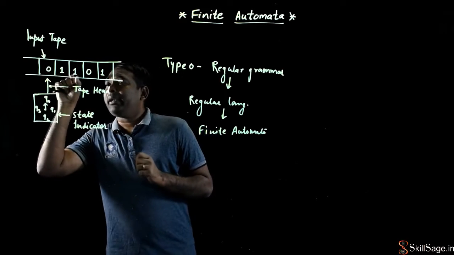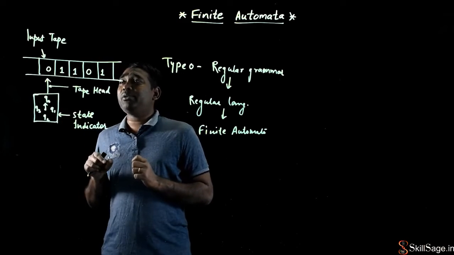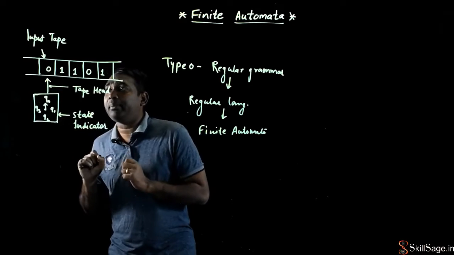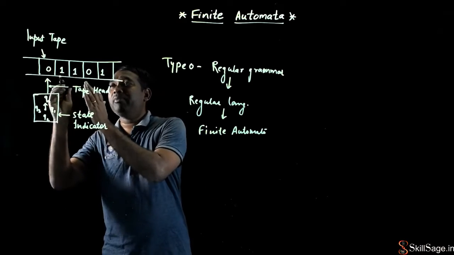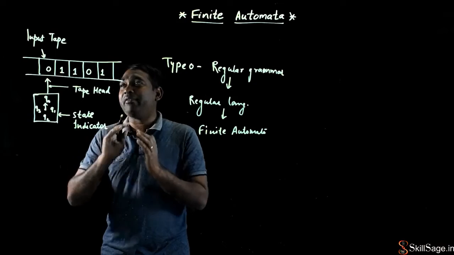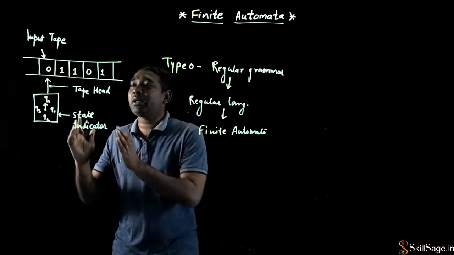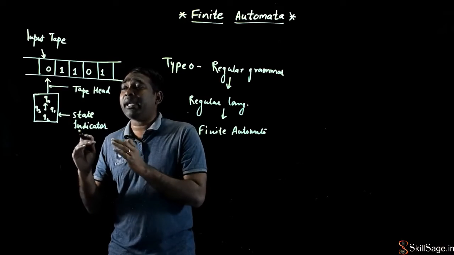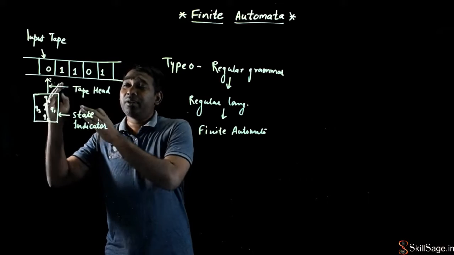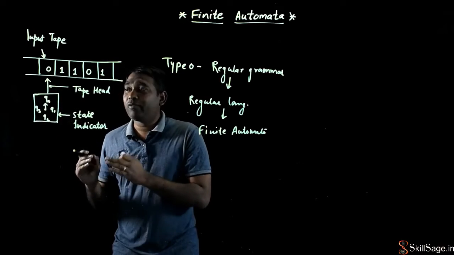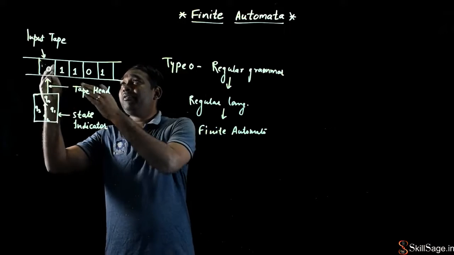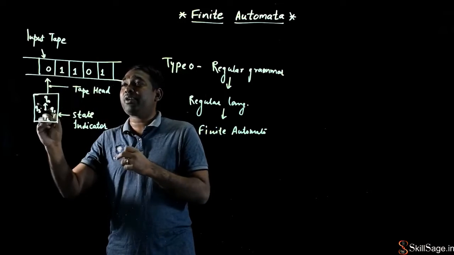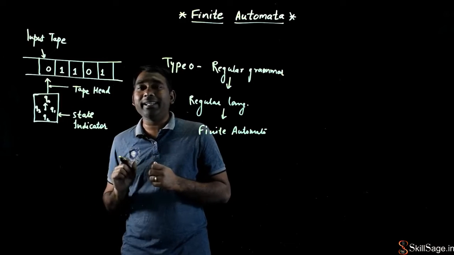When my tape head reads this particular symbol from the input tape, what will happen? My tape head will move towards the right by 1. That means the finite automata's tape movement is always towards the right by 1, and at that time the state may change from Q0 to some other state. For example, suppose the machine reads a 0 from the input tape and my current state is Q0.